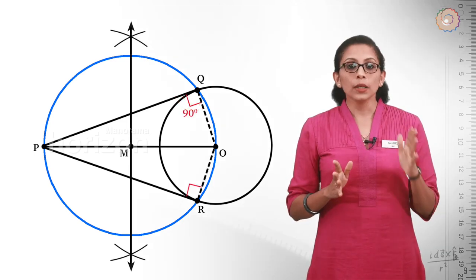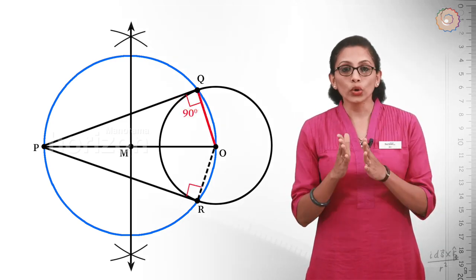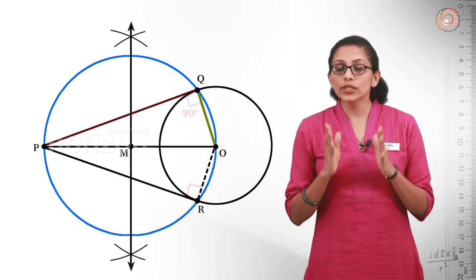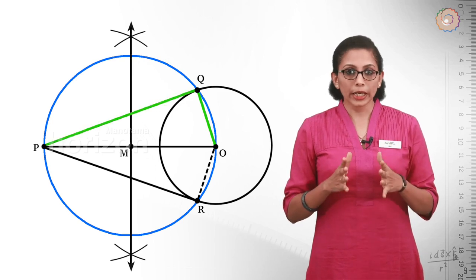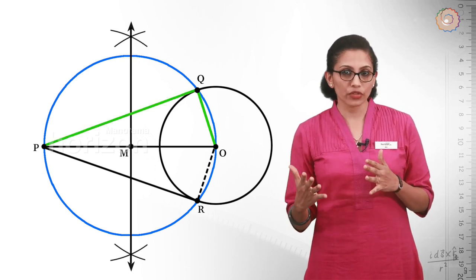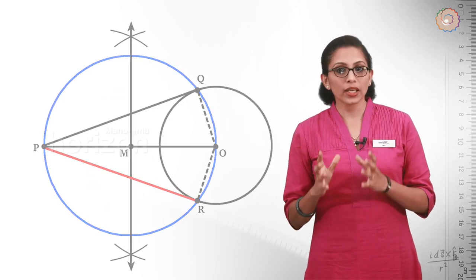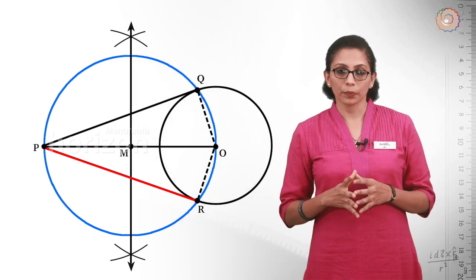Therefore, angle PQO is equal to 90 degrees, which implies OQ is perpendicular to PQ. Since OQ is the radius of the circle, PQ has to be the tangent of the circle. Reason: tangent is perpendicular to radius. Similarly, PR is a tangent to the circle, hence justified.